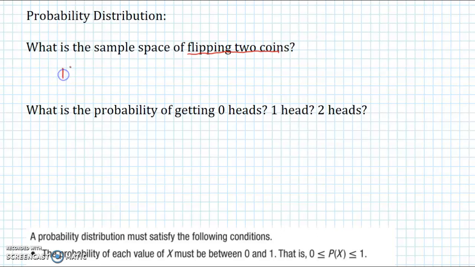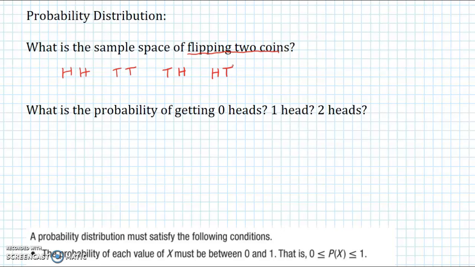Well, I could have 2 heads. I could have 2 tails. And my first coin could be a tail and my second coin could be a head, or my first coin could be a head and my second coin could be a tail.